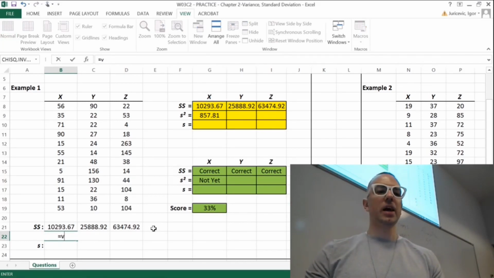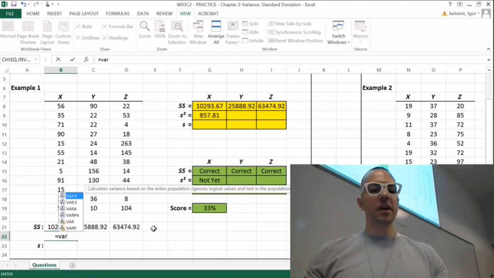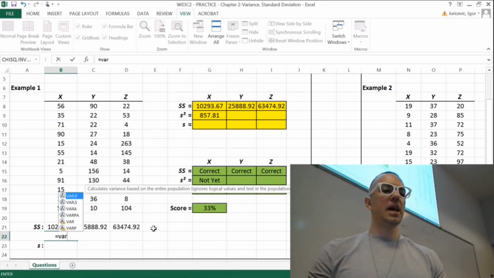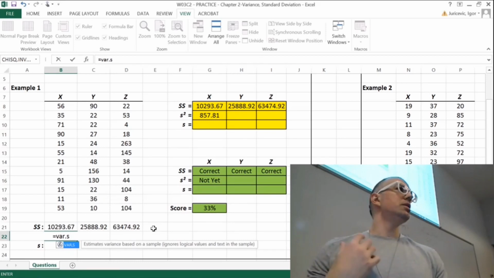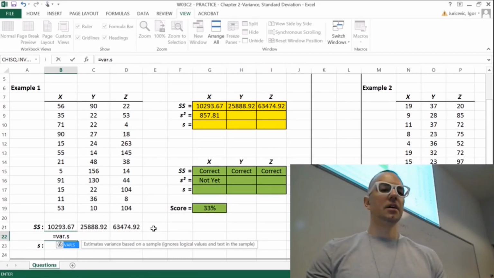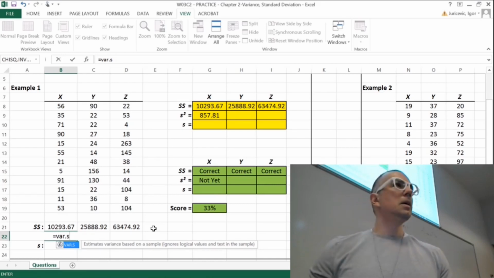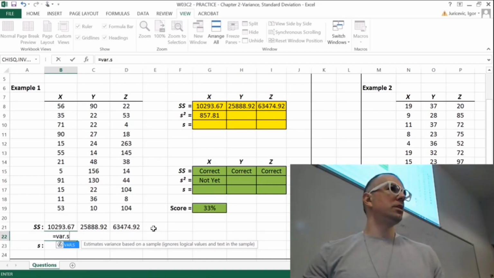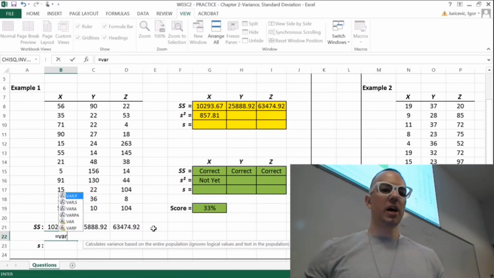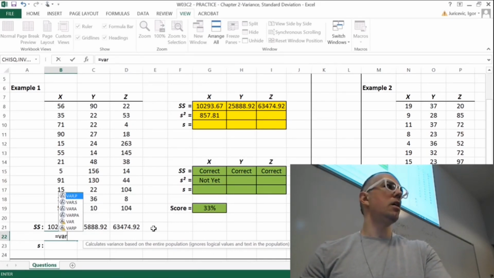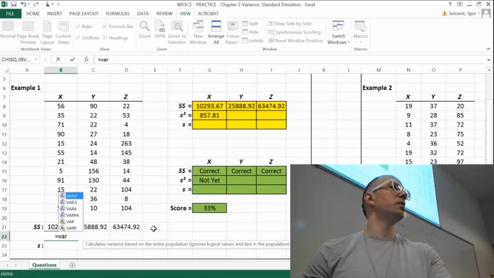Now let's do this correctly. For the variance for a sample, you can use var.S. That is the newer formula for sample variance. But just to show you how important sample variance was, the original formula, which was just var, calculates sample variance. So even Excel realized that most people, 99.9% of the time, are going to be working with a sample.